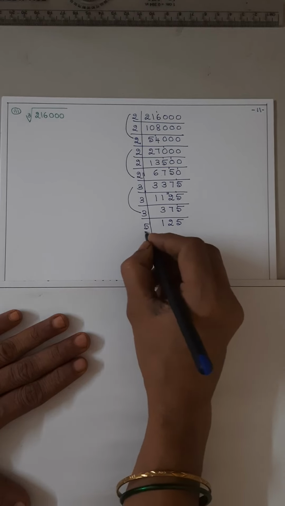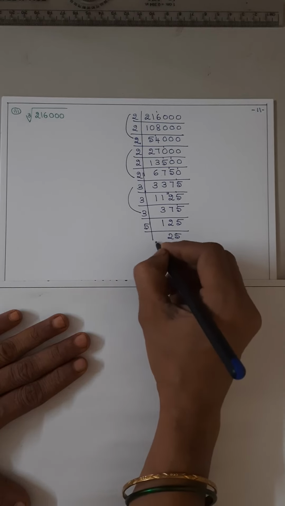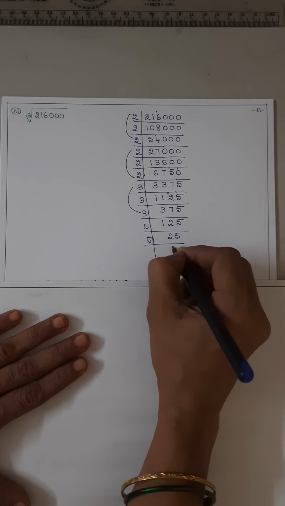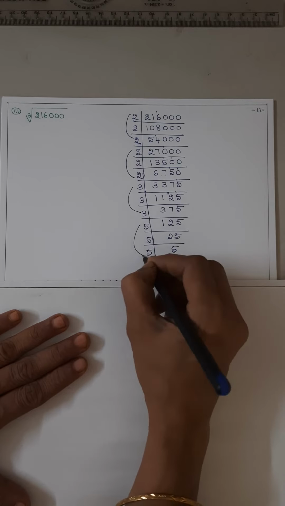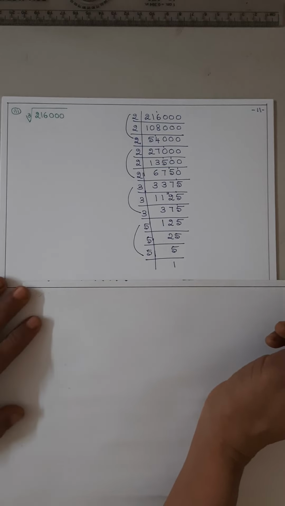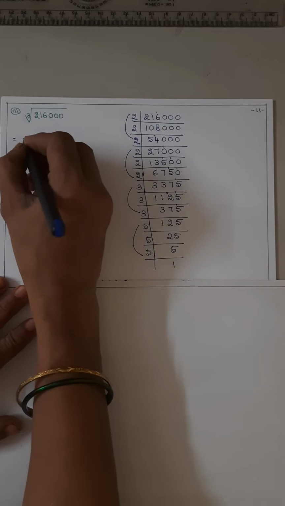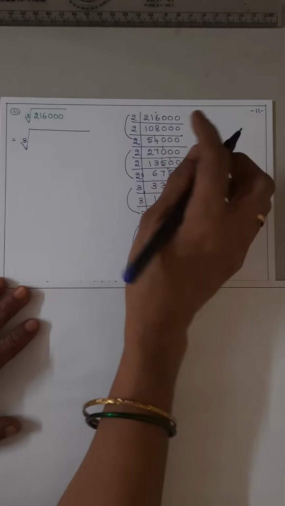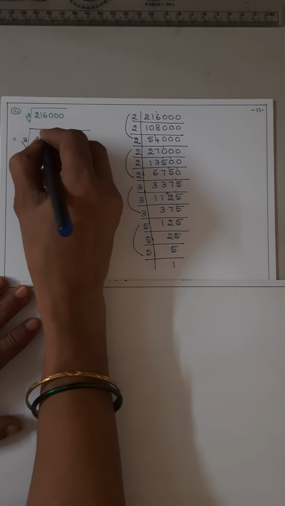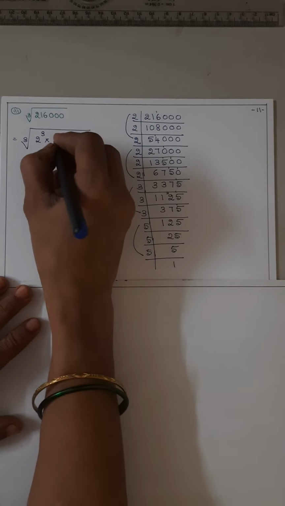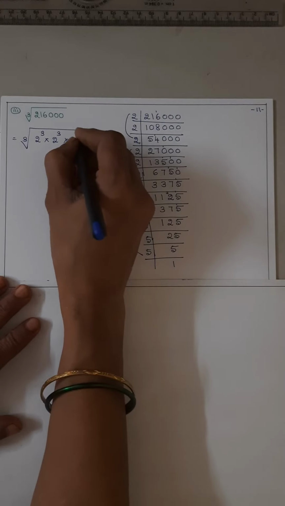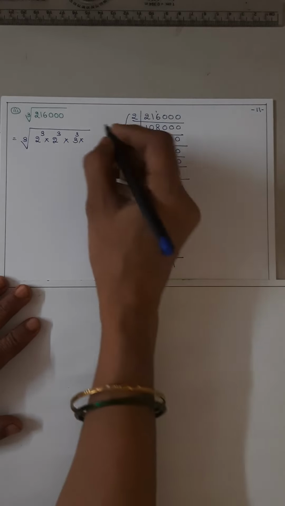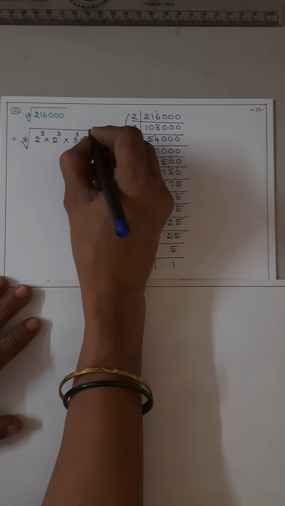Now it is 5, 5 5s are 25, 5 5s are, and 5 1s are. Okay. Now cube root of 2 cube into 2 cube into 3 cube into 5 cube.